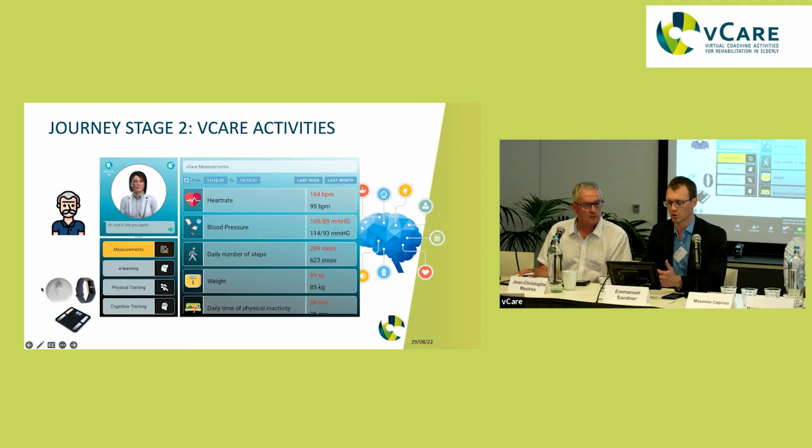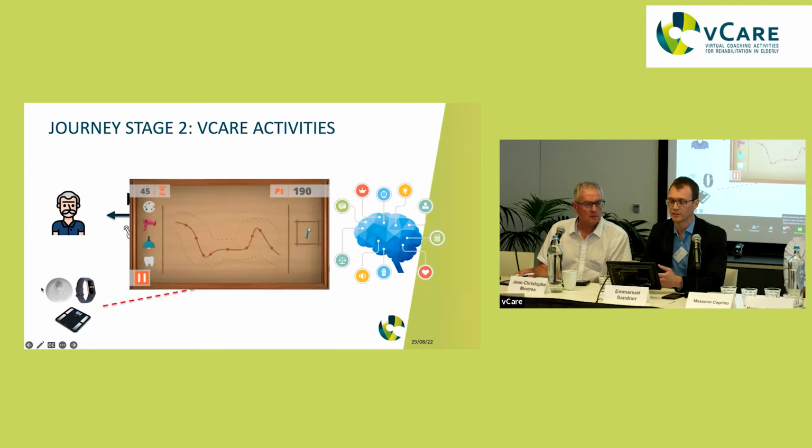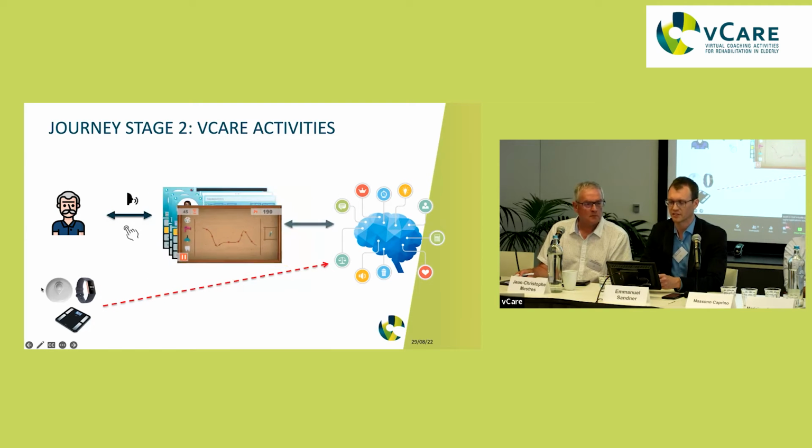And the virtual coach through the Android application suggests now the different rehabilitation activities that are supposed to be executed by the patient. The results from these activities, the performances, are transmitted to the processing unit of vCare.